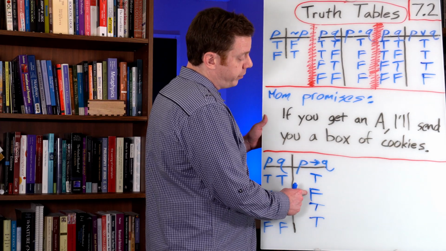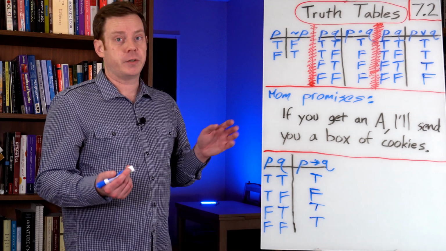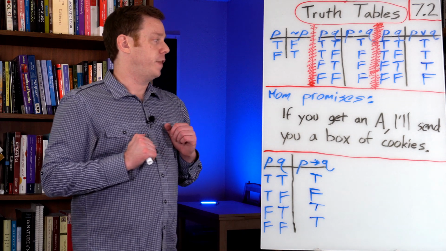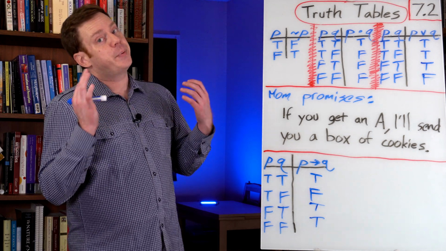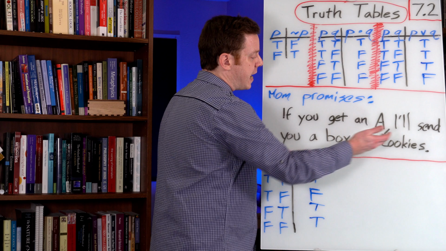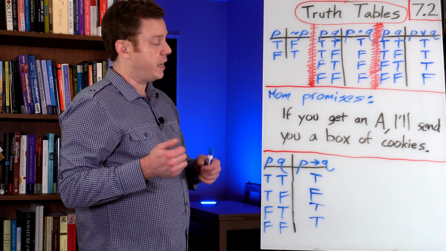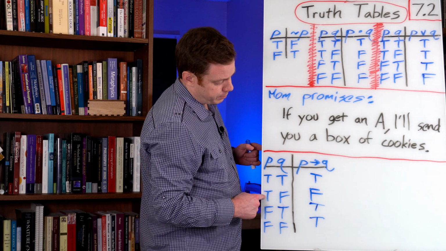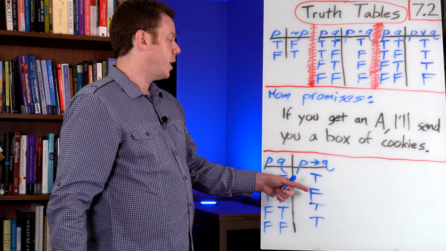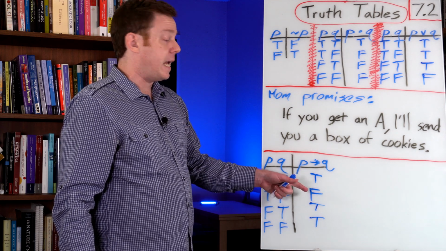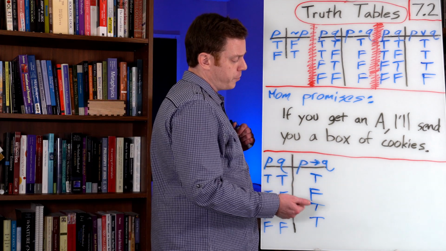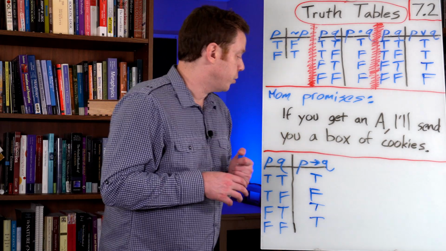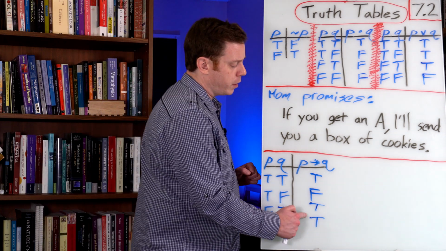In fact, there's only one way for mom to break her promise, right? It's if you fulfill your part of the condition, you do get that A, but then mom does not send you cookies, right? Then she broke her promise. So that's the only possible scenario where mom breaks her promise. And likewise, for conditionals, that's the only scenario where a conditional comes out false. Every other scenario comes out true.